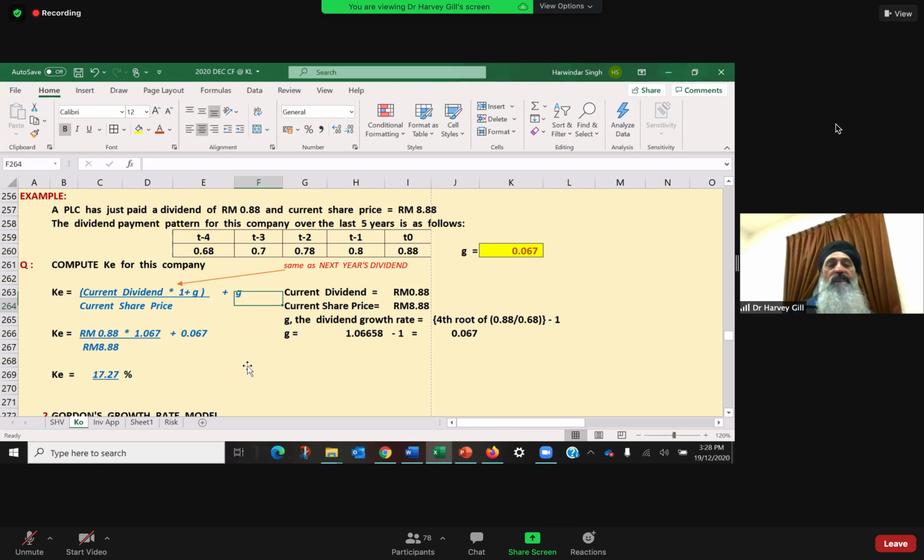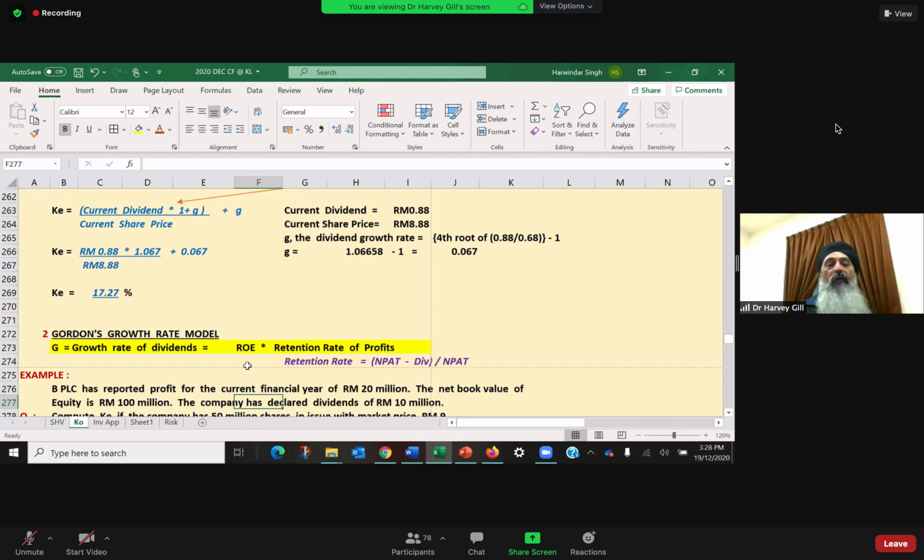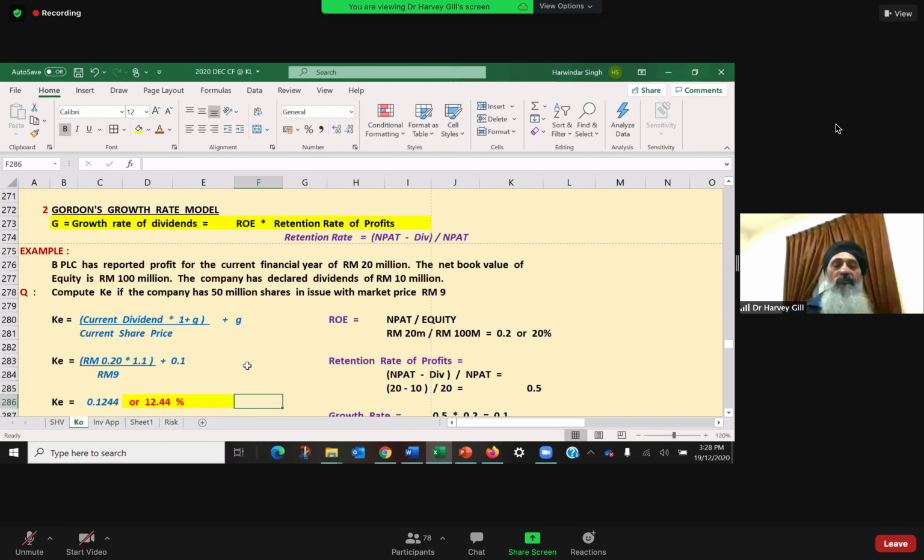And he said the answer is two things. Number one, how much profits are available for shareholders, that's ROE, and how much of those profits are then plowed back into the business, the retention rate of profit, which is also the sustainable growth rate.